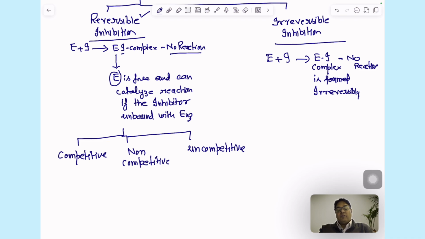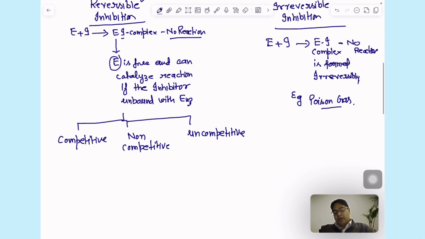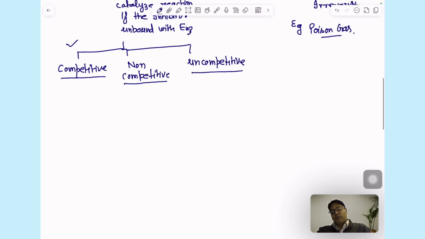In case of irreversible enzyme inhibition, the example is poison gas. There are certain poison gases like methyl isocyanide that irreversibly combine with the enzymes and block their activity. So let us see the details of these three types of enzyme inhibition: competitive inhibition, non-competitive inhibition, and uncompetitive inhibition. Three types.